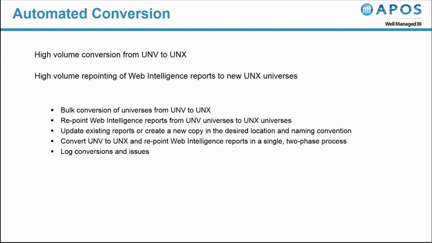Now, once you have the UNX universes, the hard part begins: repointing all of your existing Webby reports from the old UNVs to the new UNXs. Happily, this step is also automated so that you can easily work on hundreds of Webby reports at once, saving valuable time and energy.